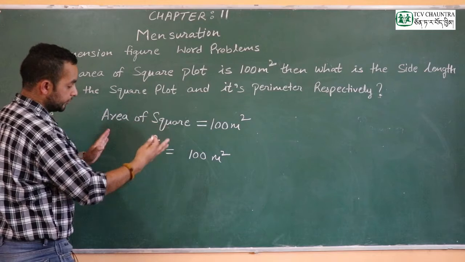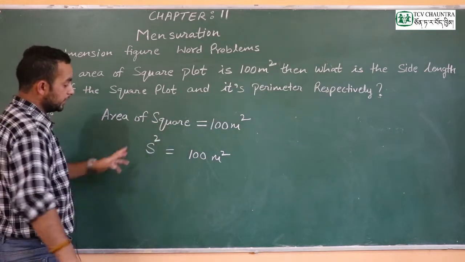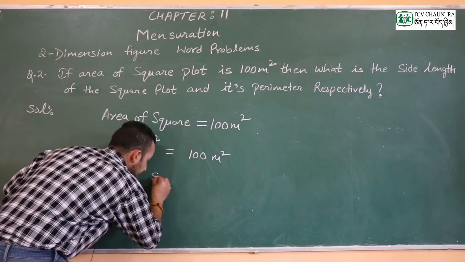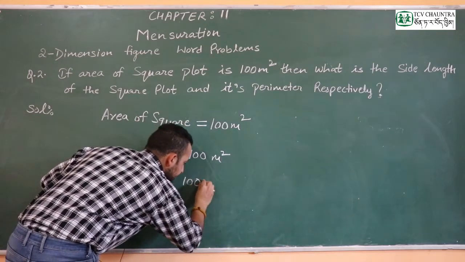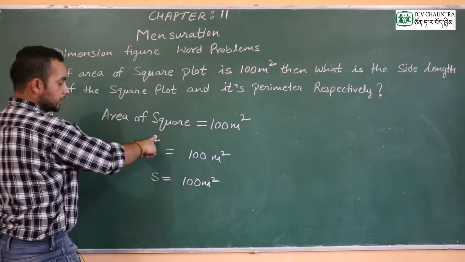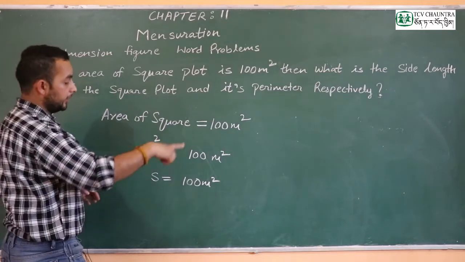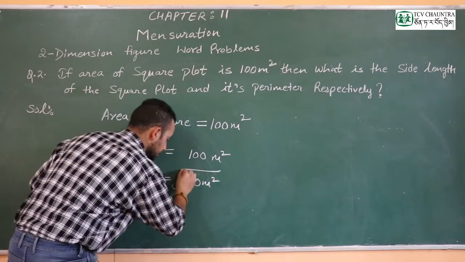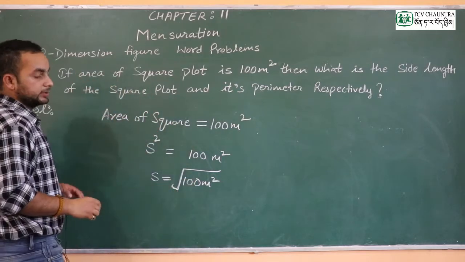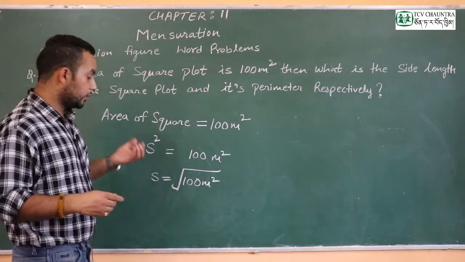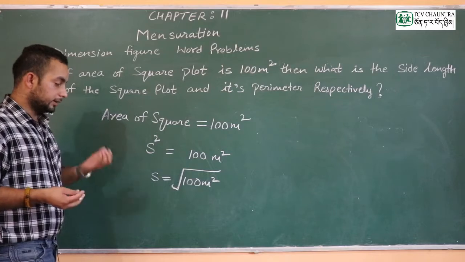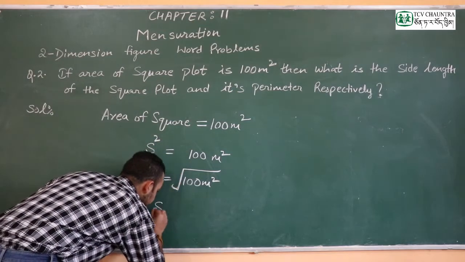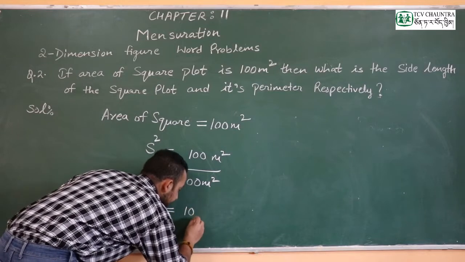Side times side, which means side twice here. You're going to find the value of the side length. So the side squared is 100 meters square. Taking the square root on both sides, the square root of 100 meters square. In the chapter on squares and square roots we already learned the square root of 100, which is 10.